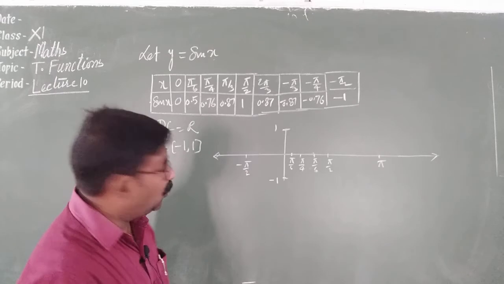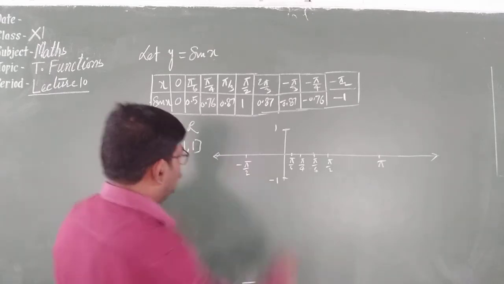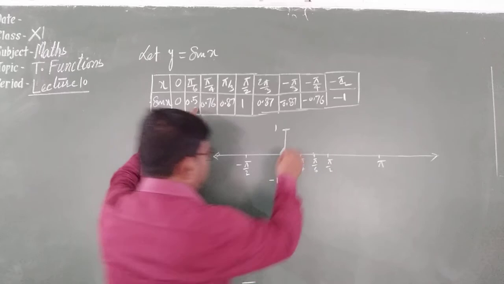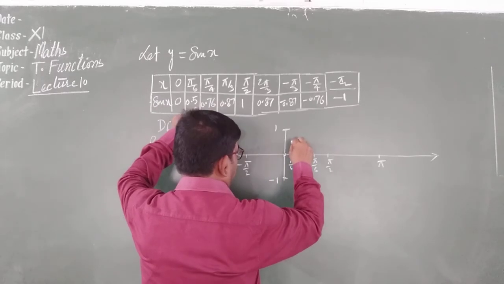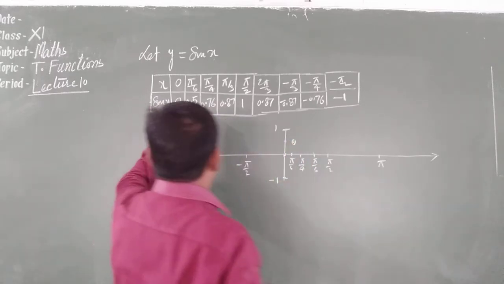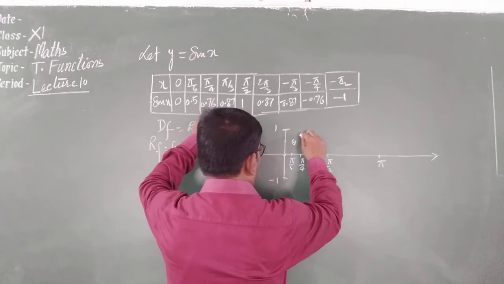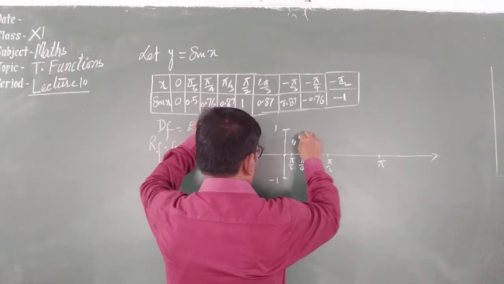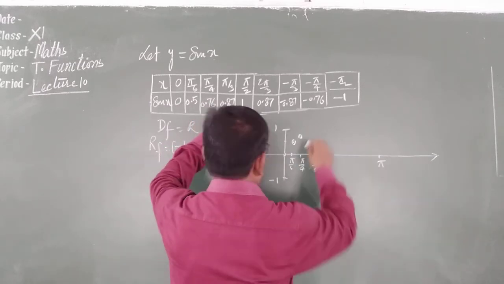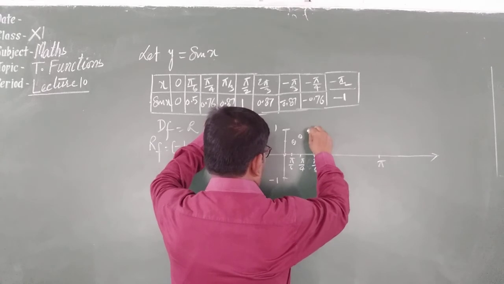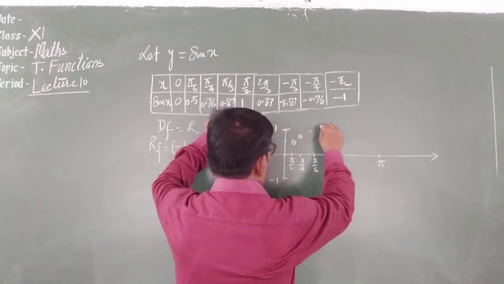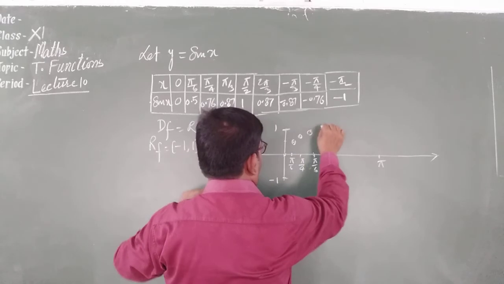If we are going to plot the graph, the first value is 0. For pi by 6, it is 0.5 about here. Now pi by 4, 0.76 may be here. Pi by 3, 0.87 may be here, and pi by 2 it is 1. These points.